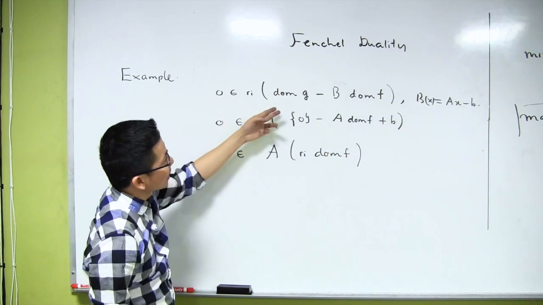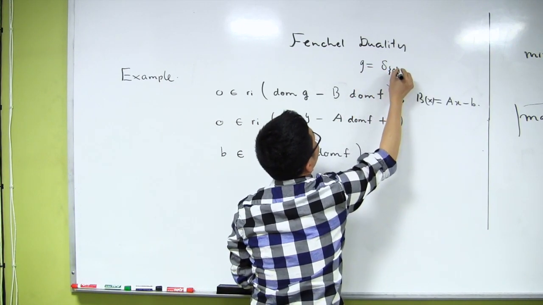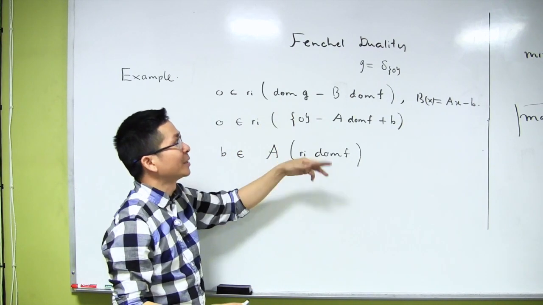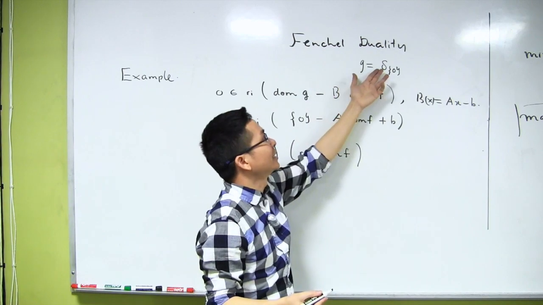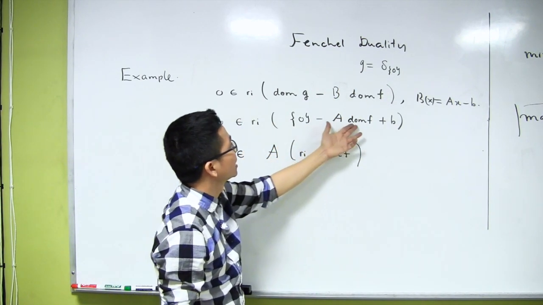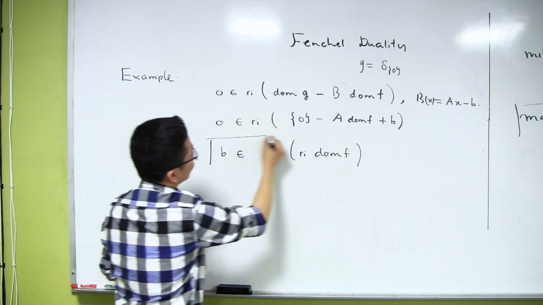Note that g is the indicator function associated with the set {0}. So the domain of the function g is {0}, because outside of {0}, the indicator function is infinity. So this condition can be written in this form, and we can easily see that it can be written in a very nice way.